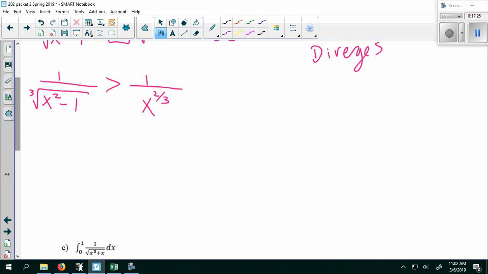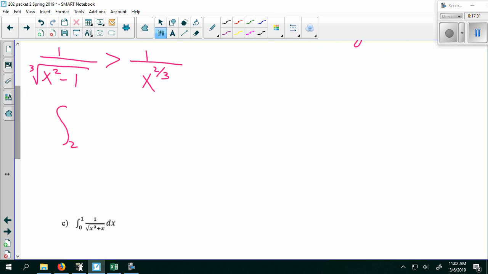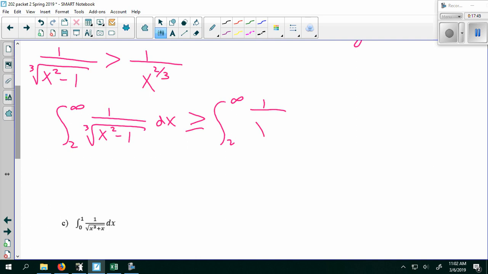So let's write it all out. The integral from 2 to infinity of 1 over the cube root of x squared minus 1 dx is larger than the integral from 2 to infinity of 1 over x to the 2/3, which is infinite.